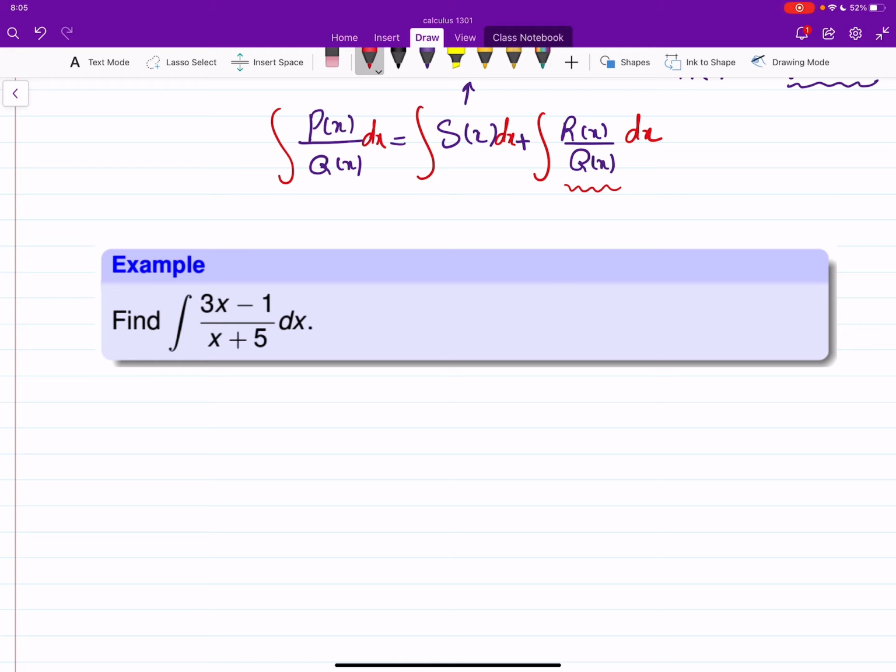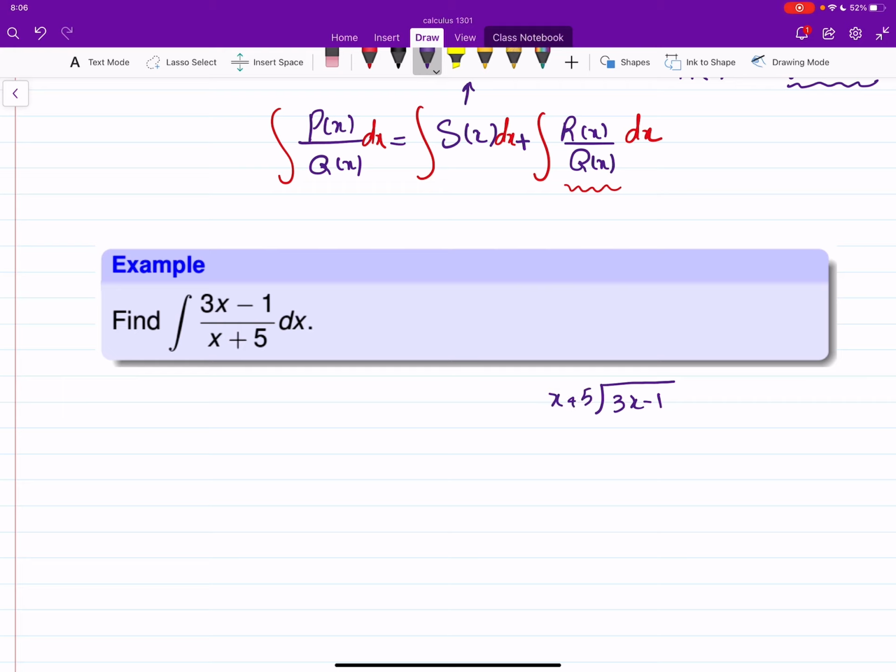Here, the degree of the numerator is 1, and the degree of the denominator is 1. These are equal, so what we do is long division. I start with 3x minus 1, P always goes there, and Q is x plus 5.